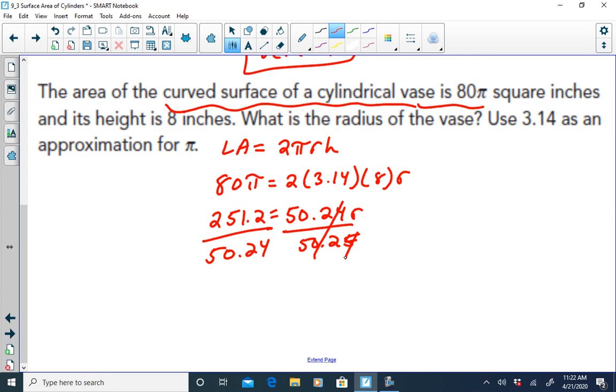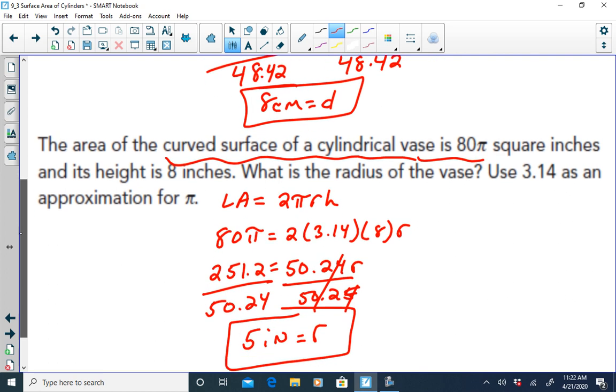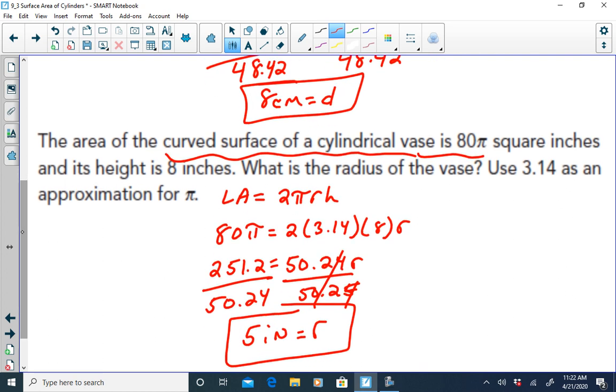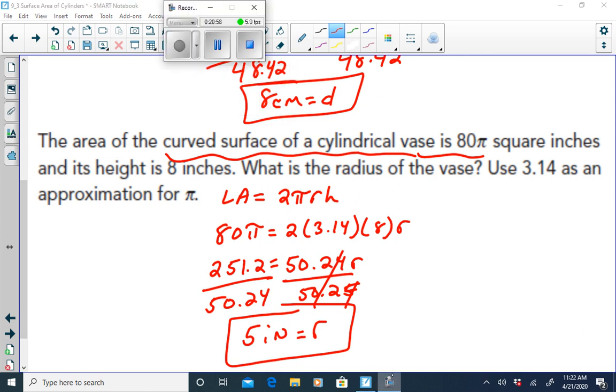They're going to cancel, and we wind up with 5 inches for the radius. All right. So these problems where we're given the curved surface area, just recognize that that's going to be your lateral area, and we solve for r. All right. I hope that that's been helpful, and see you guys soon.